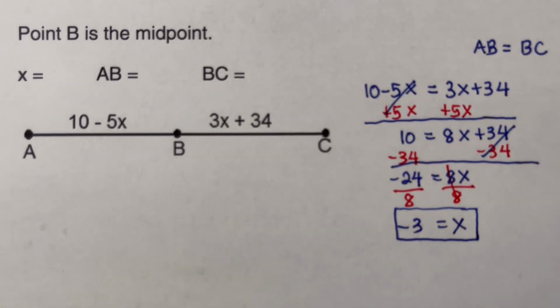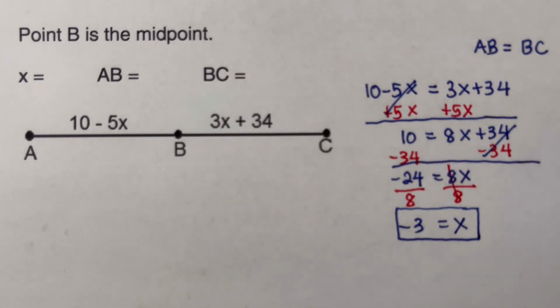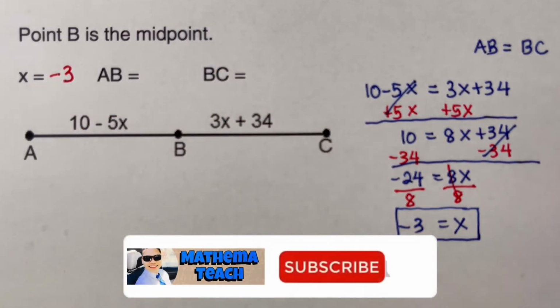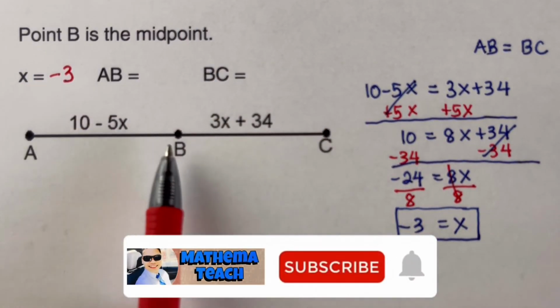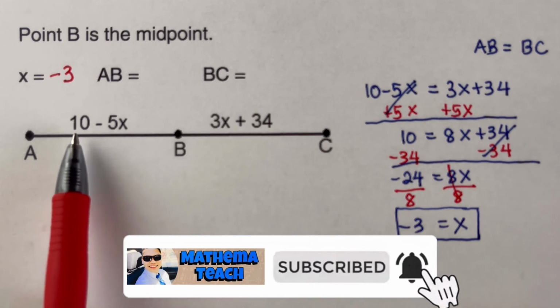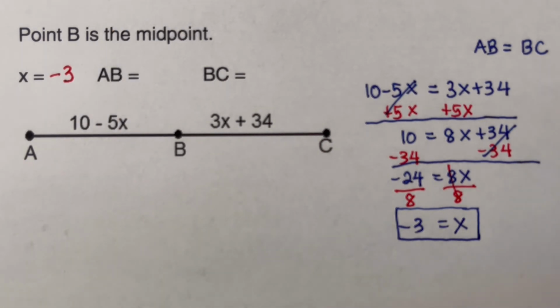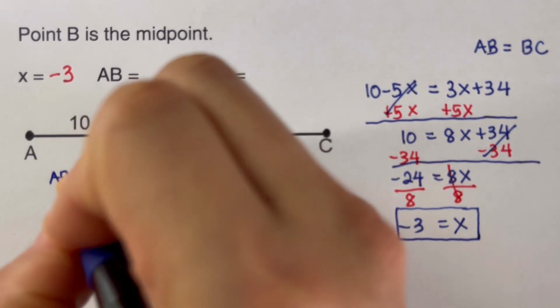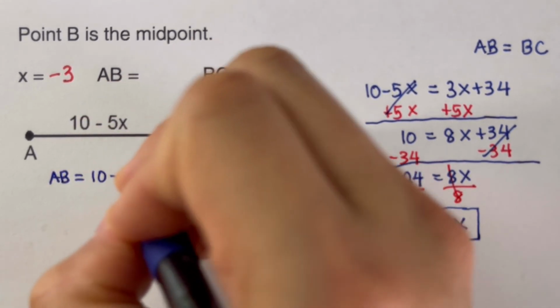Okay, after doing the math, our value for x is -3. We can already put that up here. So x is equal to -3. Now, we're supposed to determine the measure of AB. Since AB was 10 minus 5x, we can show the work up here. AB is equal to 10 minus 5x.